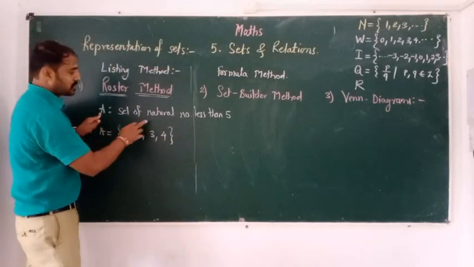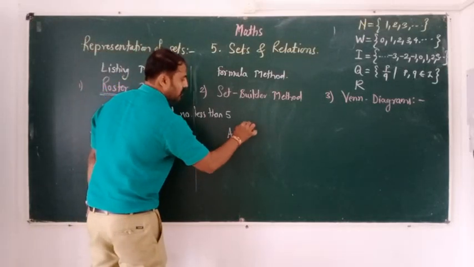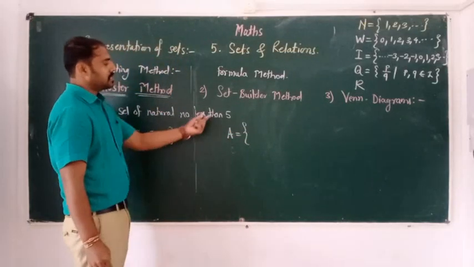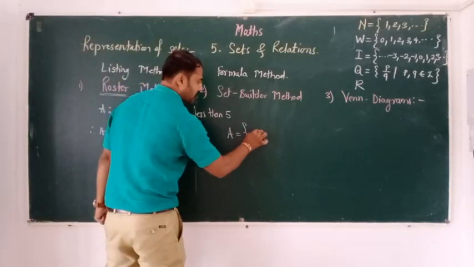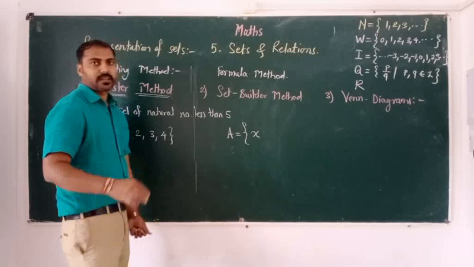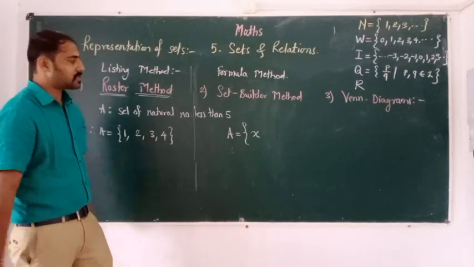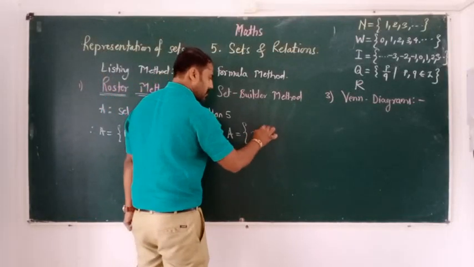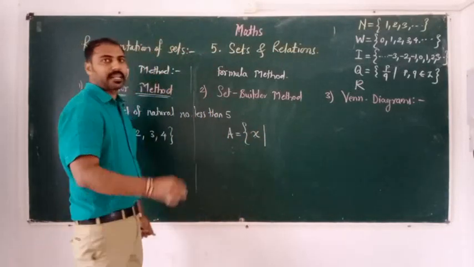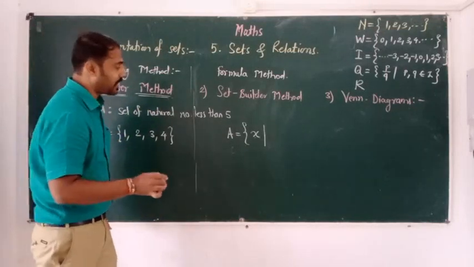Set of natural numbers less than 5. I can write this as A is equal to, in curly brackets, it is a set of numbers, so I can denote those numbers by x. I want to write their formula, so I can write there x. It is the set of all x such that, the standing line is read as "such that".